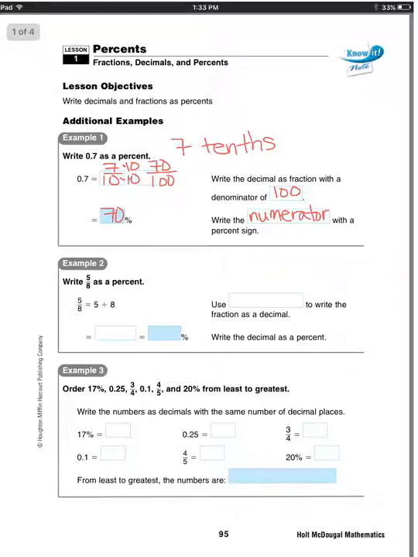So let's say you had 0.05. Because the digits go out to the hundredths place, we put 5 over 100. And the denominator is already 100, so our numerator is 5 followed by the percent sign.